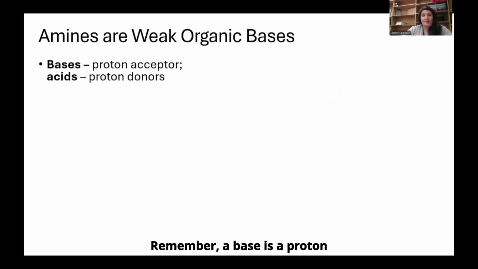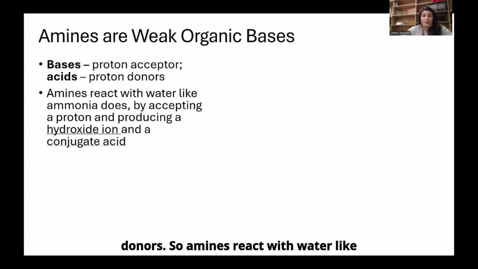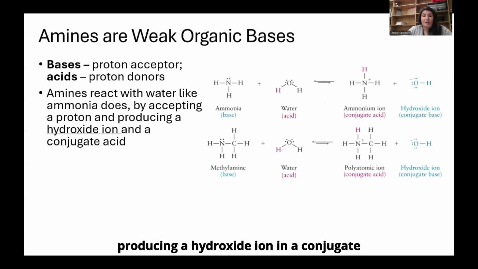Remember, a base is a proton acceptor, and acids are proton donors. So amines react with water like ammonia does by accepting a proton and producing a hydroxide ion and a conjugate acid. So ammonia reacts with water to make an ammonium ion, which is the conjugate acid, and a hydroxide ion.